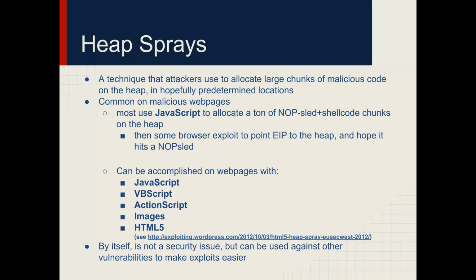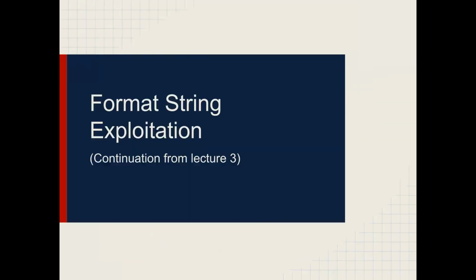So an attacker can just spray the heap with malicious code and hopefully jump in somewhere in that section of the process if he or she manages to hijack execution, and that can make defeating ASLR a bit easier. And we're going to cover ASLR later in this lecture.